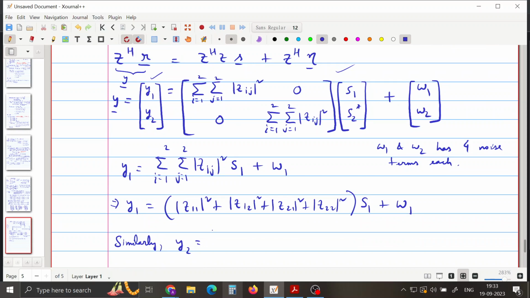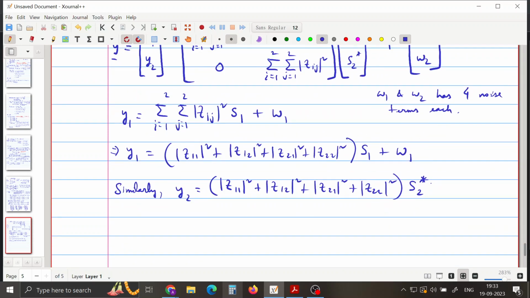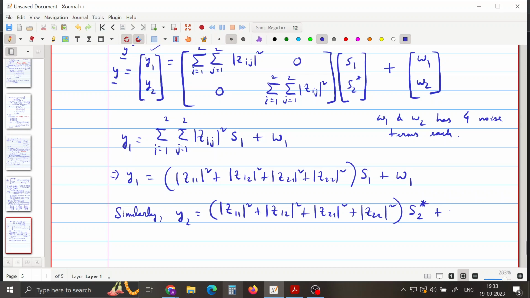That will be again the same term that gets multiplied as a weighting factor to your signal component s2 star, right? For y2, s2 star is there, plus your noise contribution would be w2, okay? So these are y1 and y2.